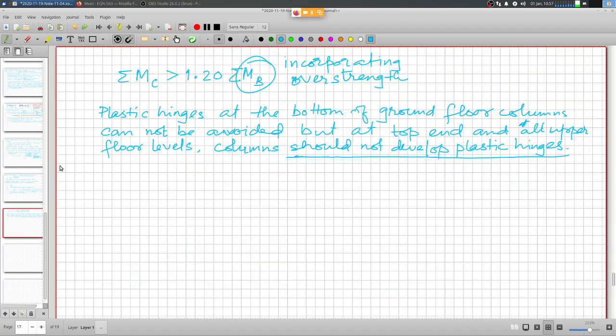And obviously column design is a little more complicated because of the axial force that comes onto it. So axial forces, not only because of the gravity loads, there would be axial forces because of the shear force on the beams because of the earthquake load.